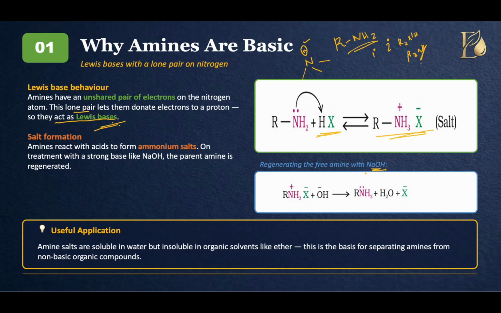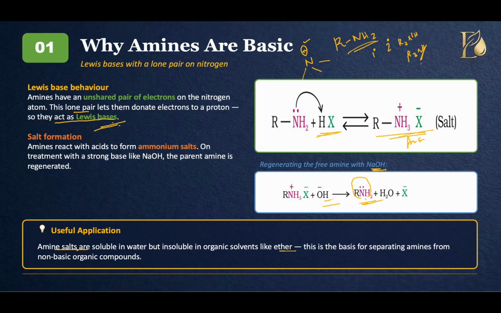So amines react with acids to form ammonium salts. On treatment with a strong base such as sodium hydroxide, the parent amine can be regenerated. Basically, because of the presence of the unshared pair of electrons on the nitrogen atom, amines are basic. Now, amine salts are soluble in water but insoluble in organic solvents like ether.